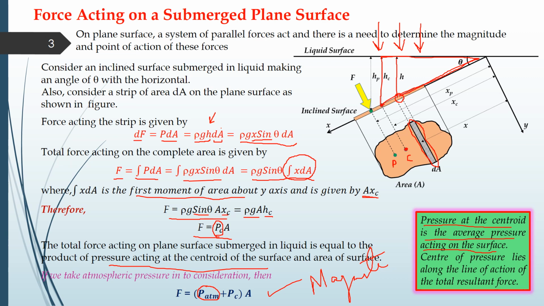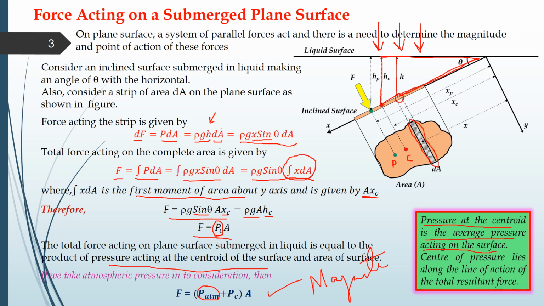So secondly, we want to find out the line of action of that particular force. Magnitude we have now calculated after this derivation. But as far as the line of action of that force is concerned, it is certainly not at this point, it is at some length below this point.